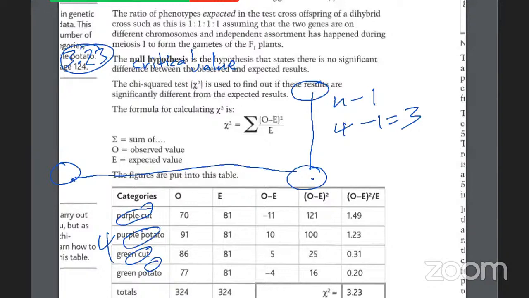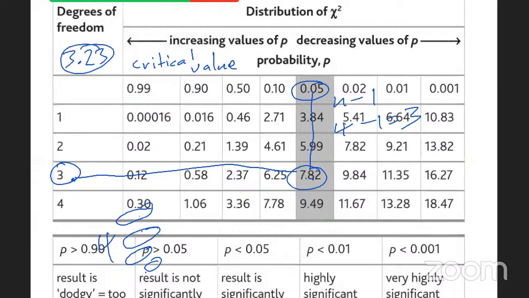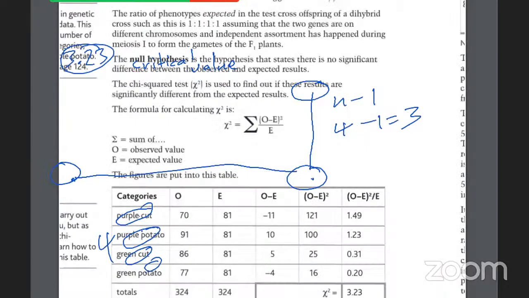Sir, question. What if they leave the expected results column blank? How would you work that out? Right, it will be blank. As I was telling you, the expected is based on your crosses.